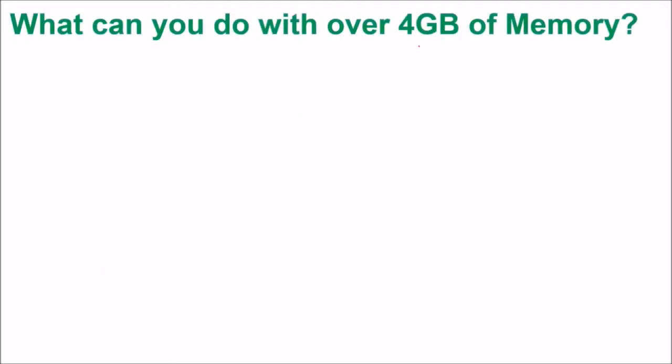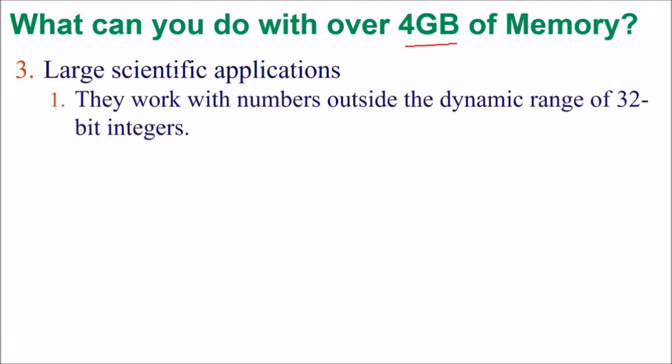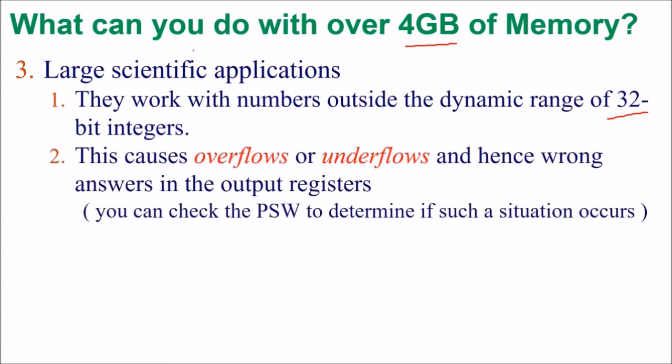Third is large scientific applications, which work with numbers outside the dynamic range of 32-bit integers. This causes overflows and underflows, and hence sometimes wrong answers are in the output register. So you can check the PSW to determine if such a situation has occurred.